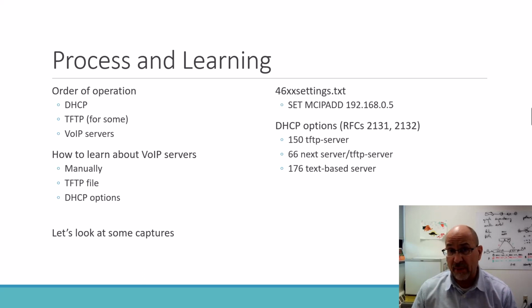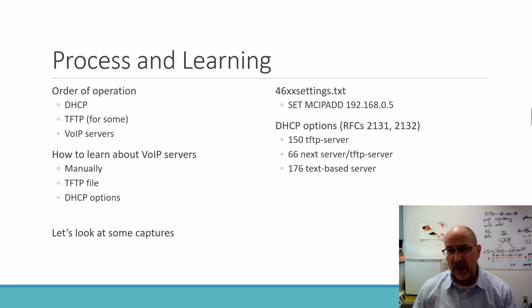Now another way to learn about the VoIP server is with actual DHCP options. So instead of getting the information from a TFTP server, you get information from a DHCP option, and then either go out to the TFTP server or you go out to the call server and download your phone configuration. And that's really how Cisco does it with Skinny.